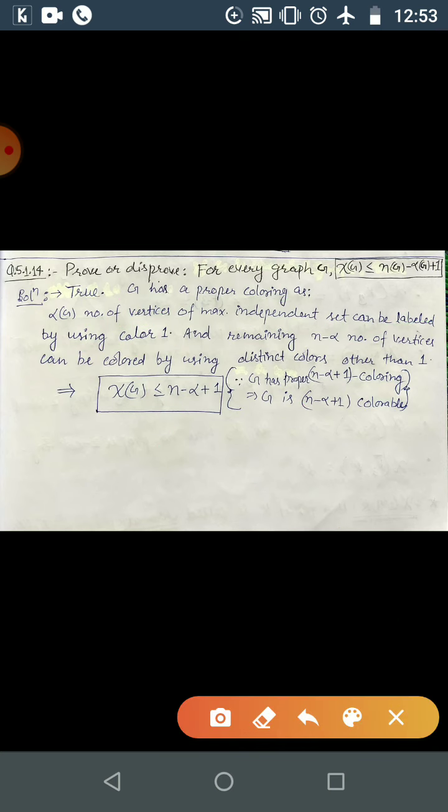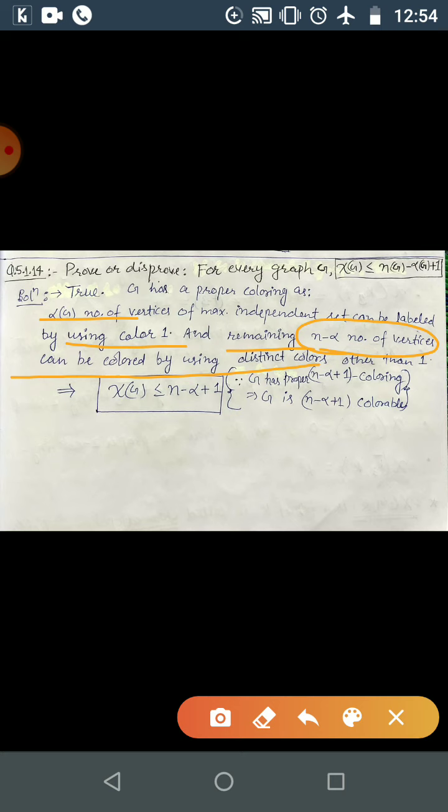So alpha of G vertices, the maximum independent set, can be colored using the same color. The remaining n minus alpha can be colored using distinct colors other than color number 1, which should not be the same as color number 1.